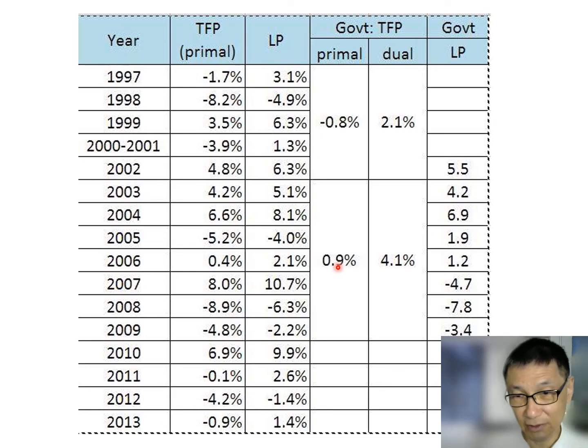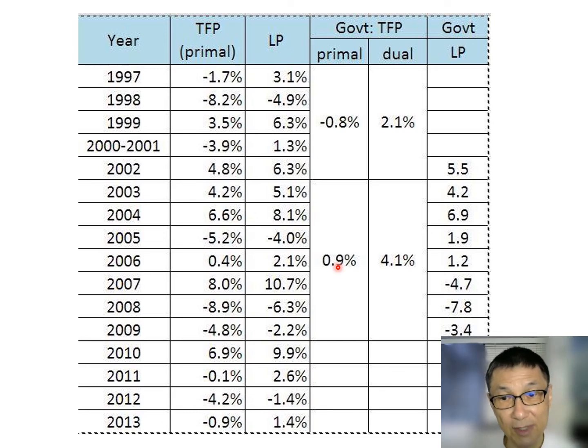And a particular distortion in Singapore is the housing stock. As you know, housing is a very big fixed asset, and it's highly subsidized to the 80% of the population who live in HDB housing.